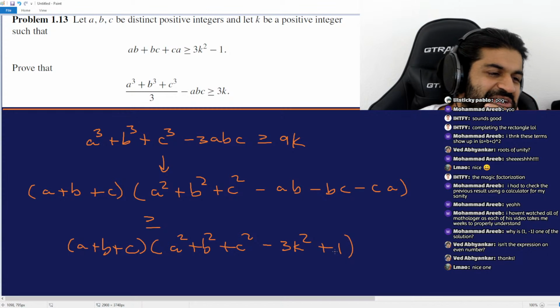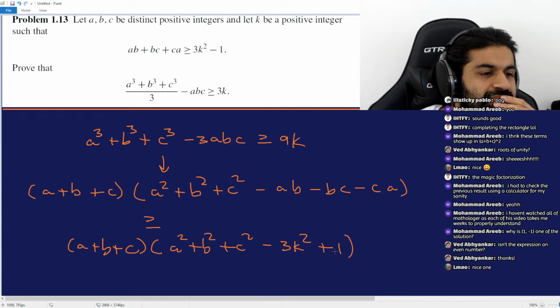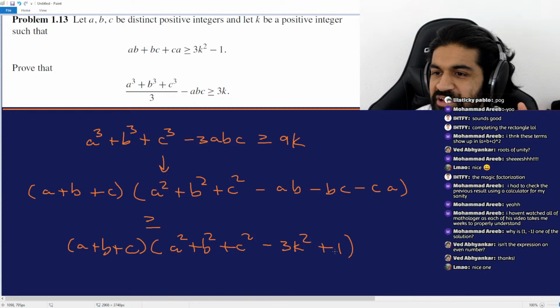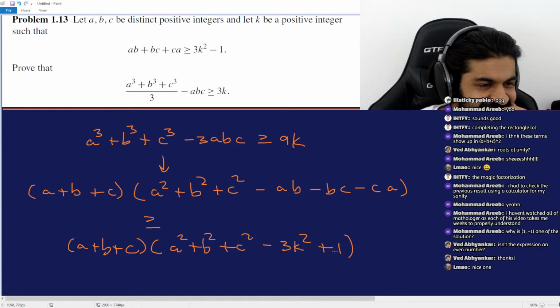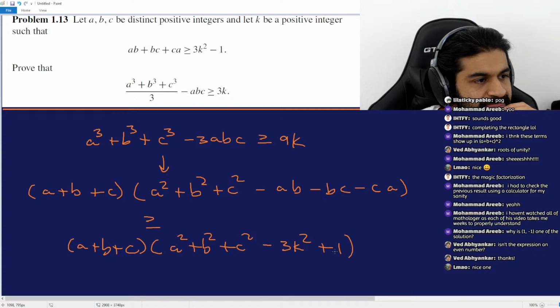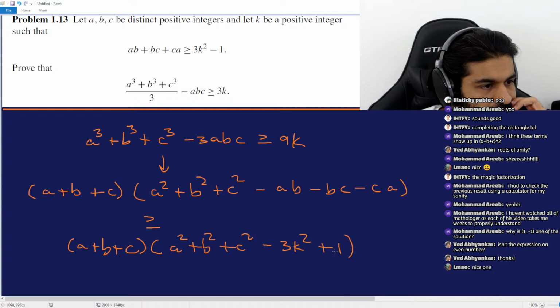I'm not sure how to finish this one. Let's see. So a plus b plus c. I'm open to any ideas if anyone has any. Let's see. So this is positive.